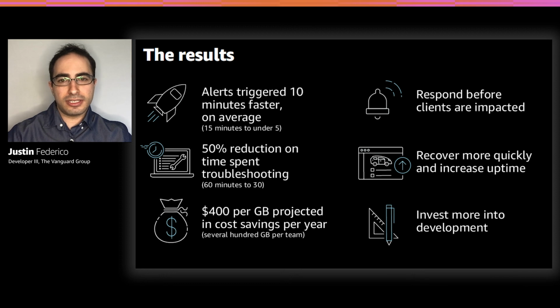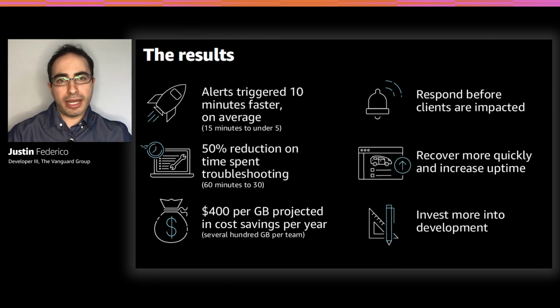And then on the cost side of things, we're projecting that we're saving about $400 per gigabyte of logs in a year. This cost is mainly around having to export log messages from CloudWatch and out of AWS into a third-party system, and then in addition, having to pay for the storage to keep those log messages in that third-party system.